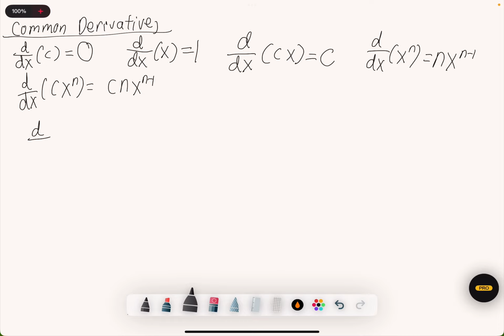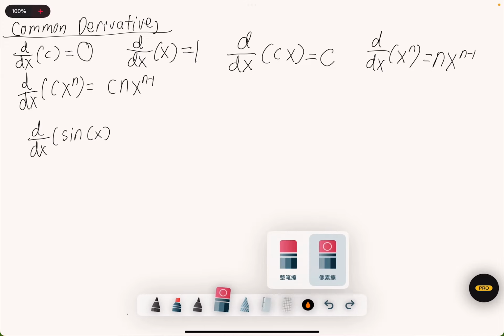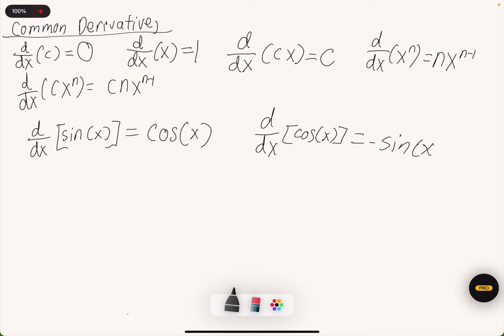The derivative of sine of x would be cosine x. The derivative of cosine x, however, is not sine x. The derivative of cosine x is negative sine of x.